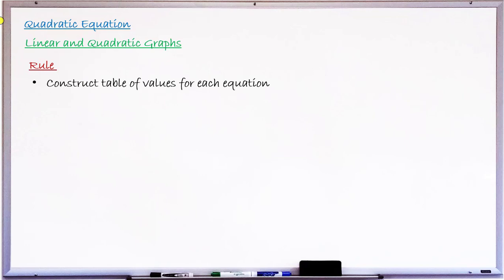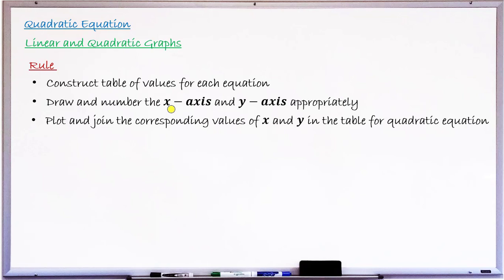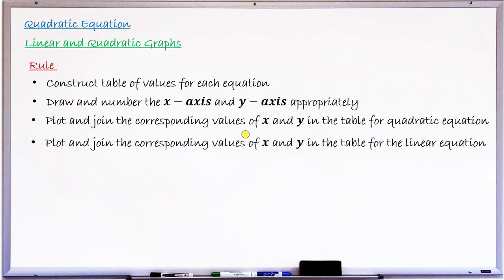When that is done, step number 2 says draw and number the x-axis and the y-axis appropriately. When that is done, step number 3 says plot and join the corresponding values of x and y in the table for the quadratic. Then next you plot and join the corresponding values of x and y in the table of values for the linear equation.